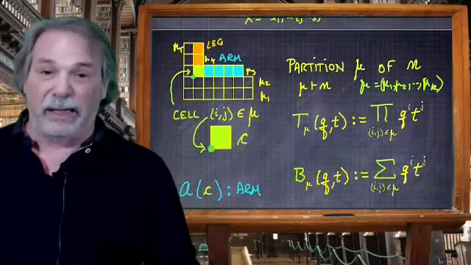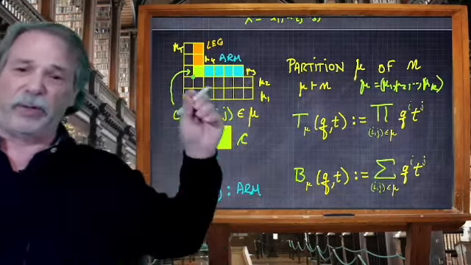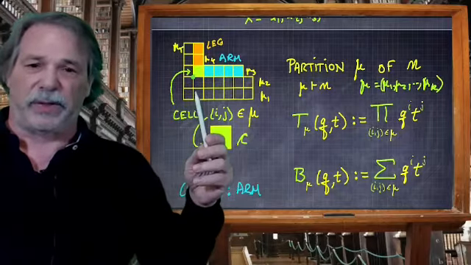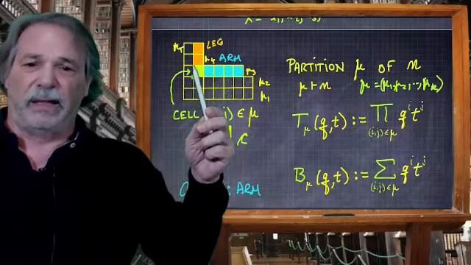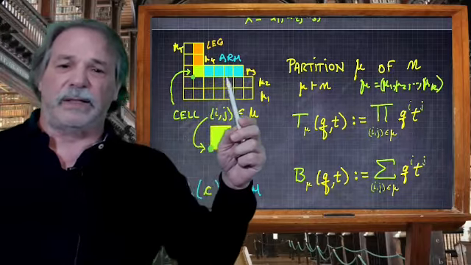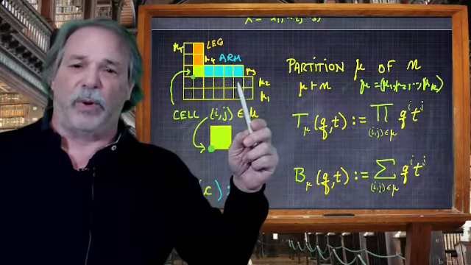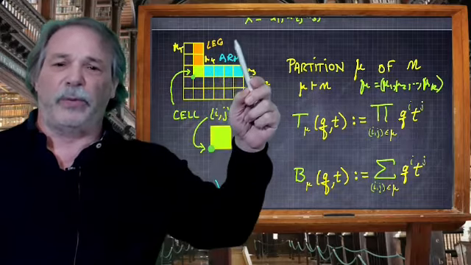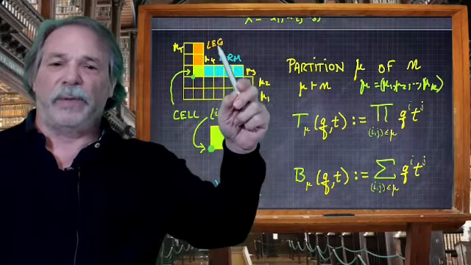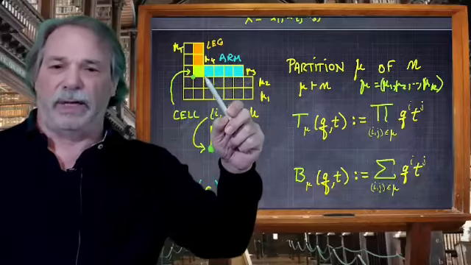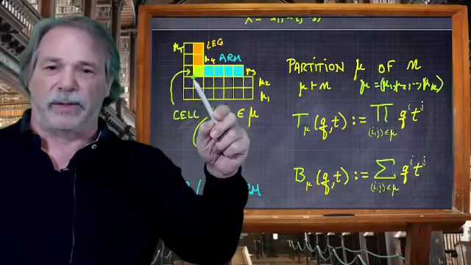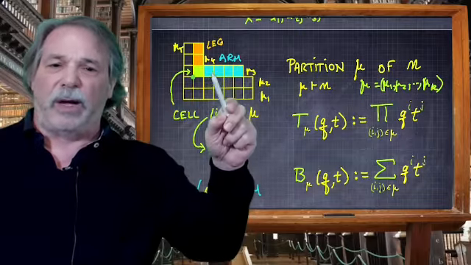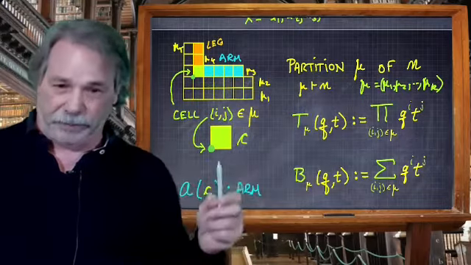Before I leave this slide, other parameters will play a role in our story. If you have a cell, you can look at all the cells that sit to the right of it on the same row. I drew it here like this, but if I had more cells sitting up here, they wouldn't be involved in what I'm trying to describe now. So you have a cell in yellow, and in blue, you have cells that are on the same row to the right of it.